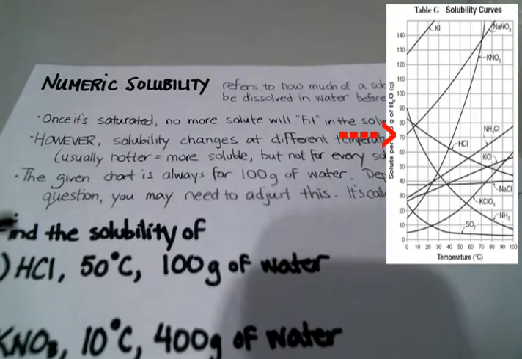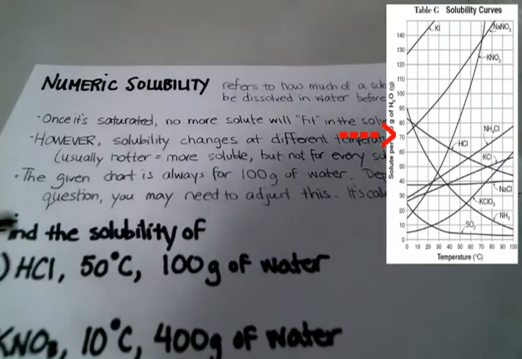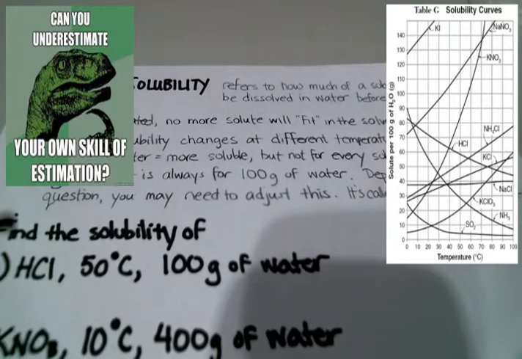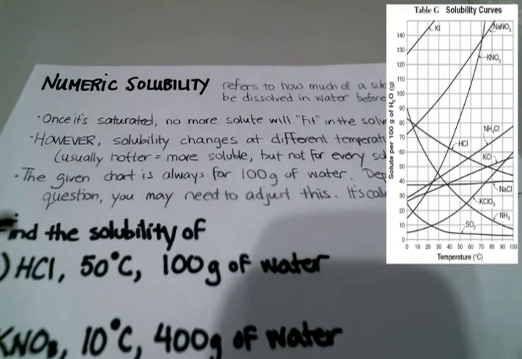If I'm giving you a chart like this, I'm never expecting you to come up with an exact value. As long as it's a reasonable estimate and you followed the steps in the right way for the number that you found, you're going to be good. So just give it your best estimation. You can trace up from the temperature I give you to the line that you have to get to, and then trace to the left to figure out what the solubility of that substance is at that temperature.